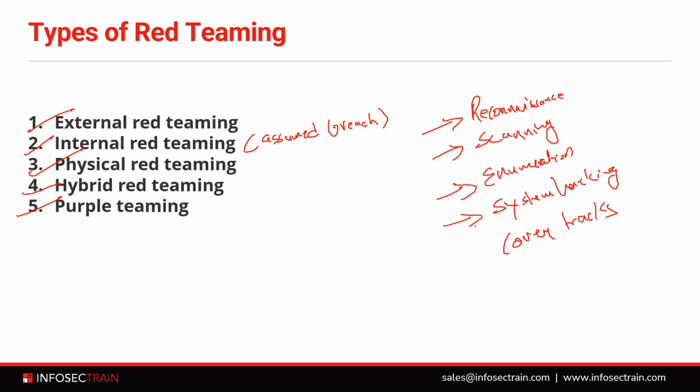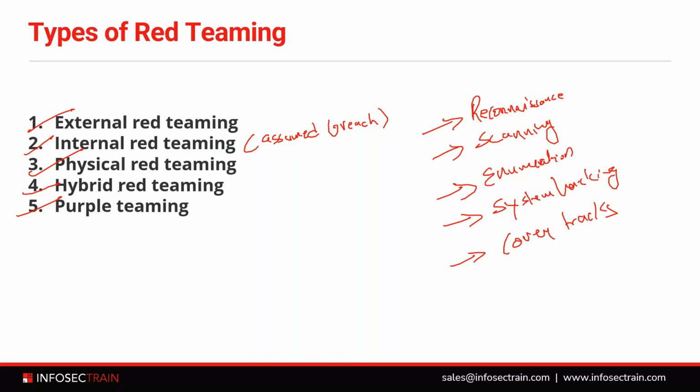So once you have enough information that can help you to crack or get inside the system, then you will exploit that vulnerability which you have found and then cover the tracks. Remove every single thing that you have installed. All the backdoors, all the malware, every single vulnerability you have exploited, everything you will remove.